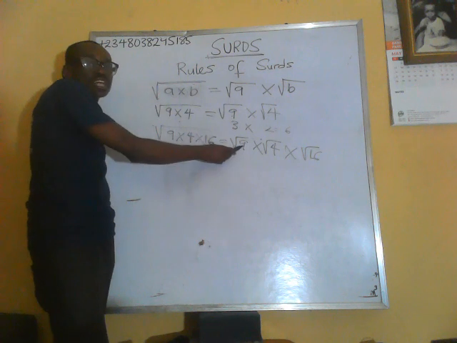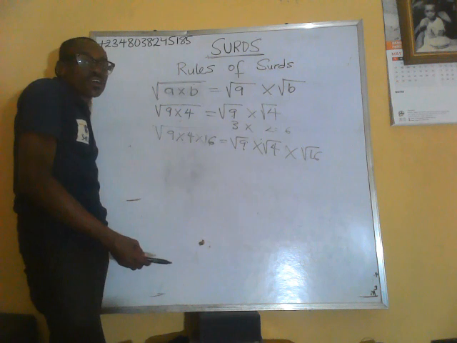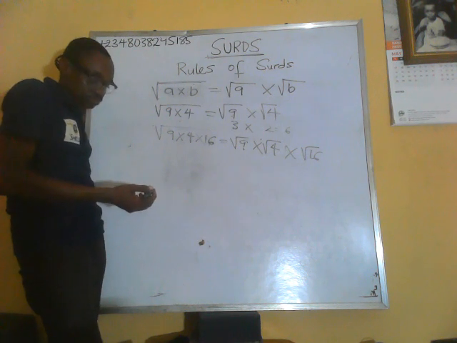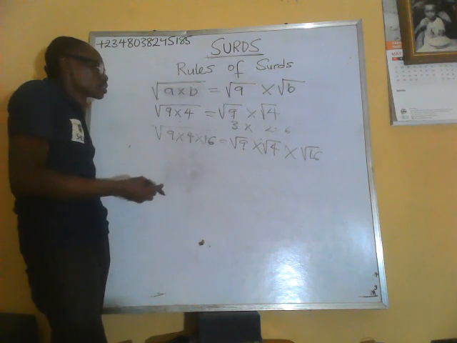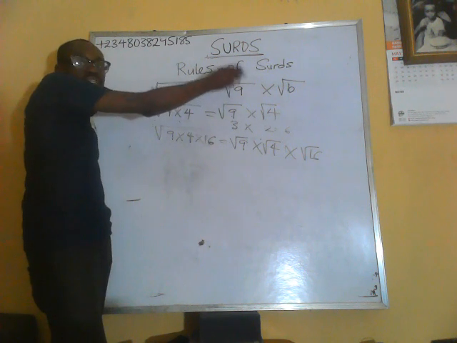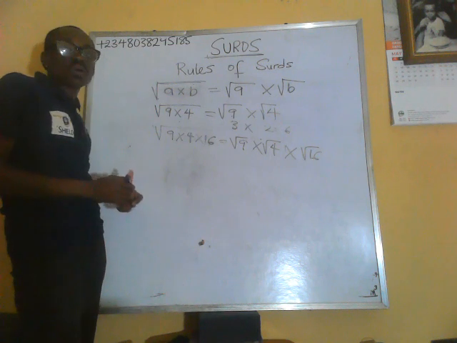We know that root 9 is 3, root 4 is 2, root 16 is 4, and you now multiply them together. So that is rule 1: root of a times b can be separated into root a times root b.